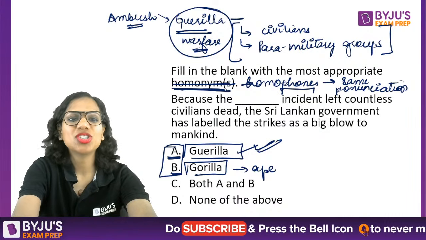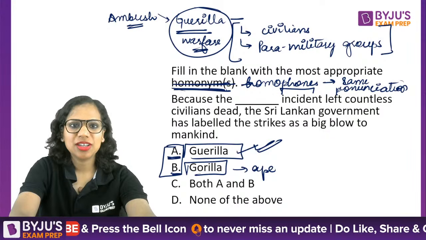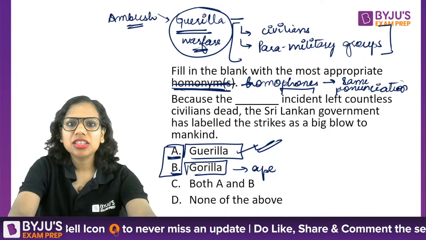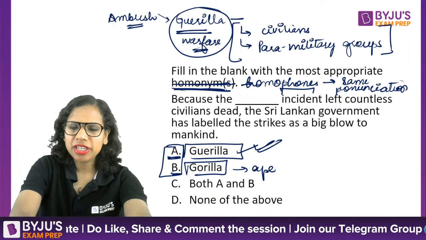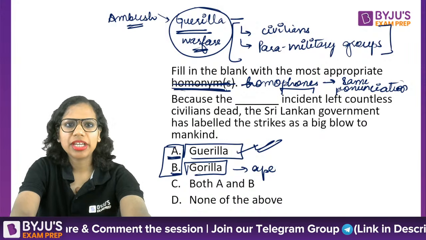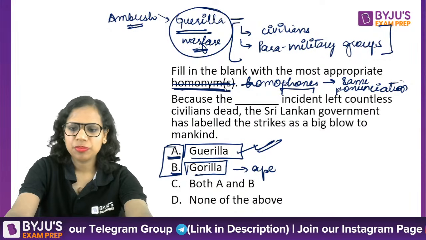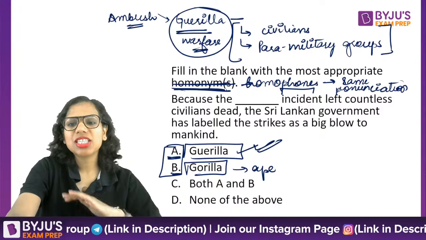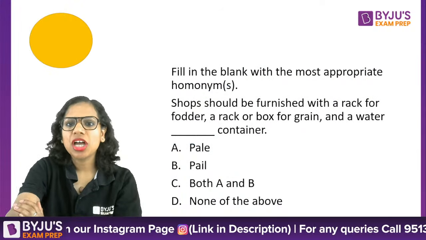No, such a thing could have happened before, but then it takes you by surprise. Is there a word called abid? There is bid and there is abide. So I don't think there is a word abid. Okay, all right. So the answer here is A. This was a homophone.